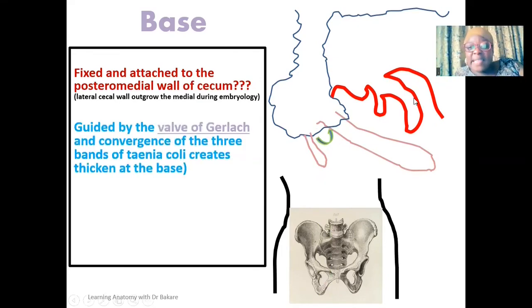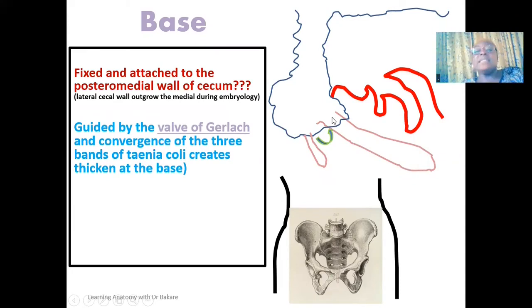The appendix at its base, that is the point where it is attached or fixed to the posteromedial wall of the cecum, is being guided by a valve that is called the valve of Gerlach. This valve is not a true structural valve, but you see it at this point where we have the emergence of the appendix.